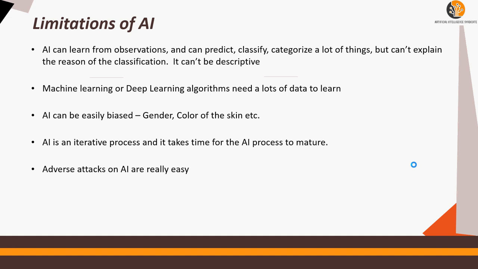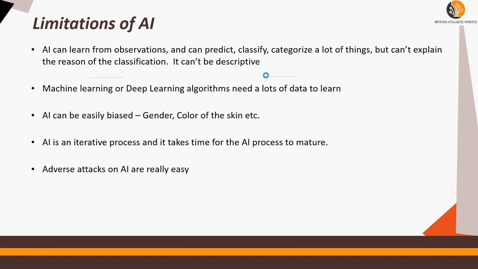Adversarial attacks mean, for example, there was a case with an autonomous car that needs to identify a stop sign and stop at the sign. A stop sign is red with STOP written in white in between. If you put a sticker or some other color in the red area of the stop sign, the car was not able to identify it.